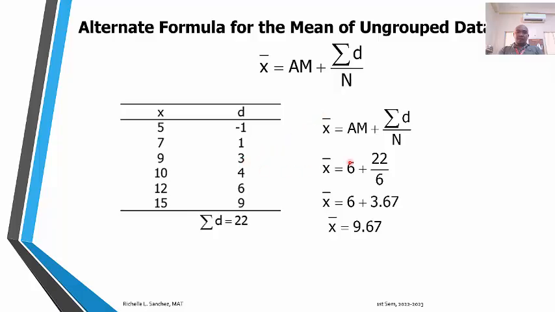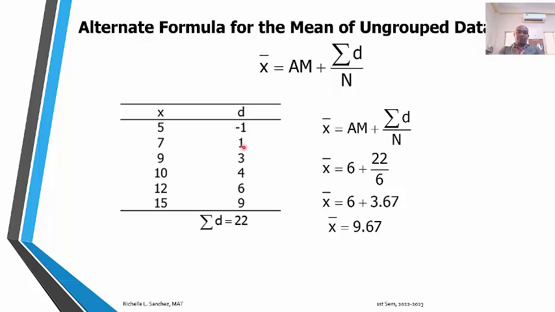So if we set our assumed mean as 6, 5 deviates -1 from 6. That's why the deviation from the mean of 5 is -1. 7 deviates from our assumed mean, which is 6, by 1.